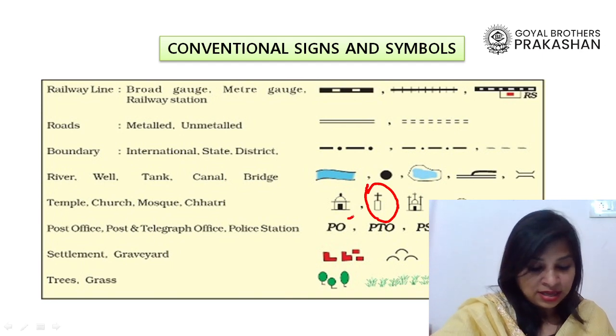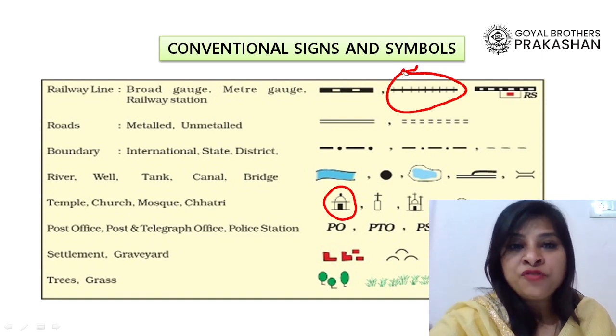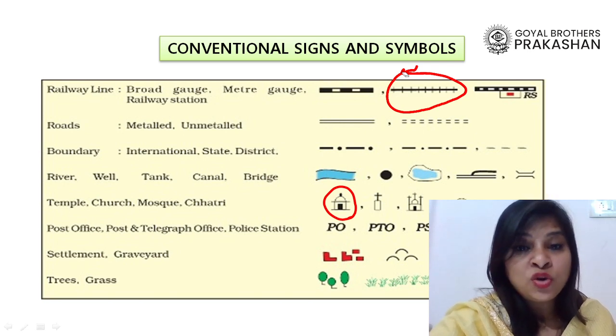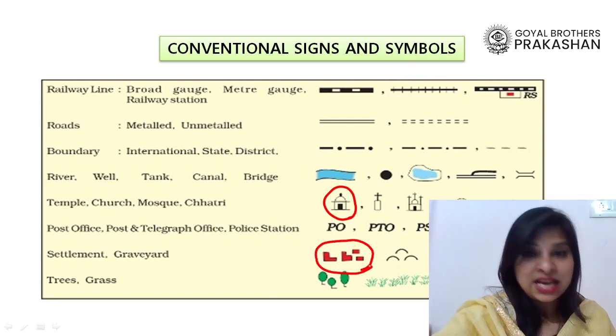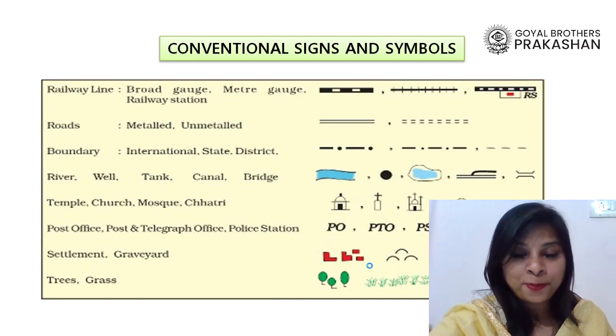Okay. If you find this, it will tell you it's a temple over there. Okay. If you find this, that means you will know that there is a meter gauge railway line. So different features, signs and symbols will tell you what that place is having. So easy for you to read. If you find red squares like this, that means it has a village. Okay, settlement, huts, houses are made over there.